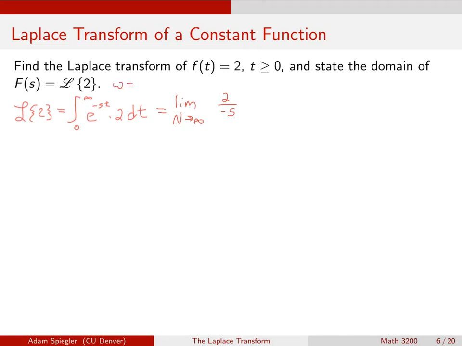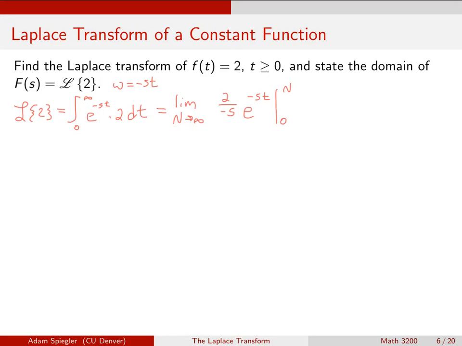We can integrate this, for example, using substitution with w equals minus st. Integrating and then substituting back, we would get 2 over minus s times e to the minus st, which we evaluate from 0 up to n, which is heading towards infinity.